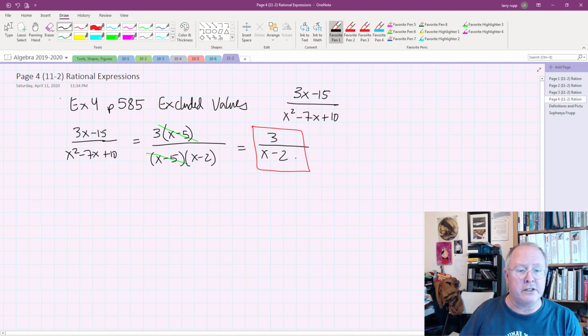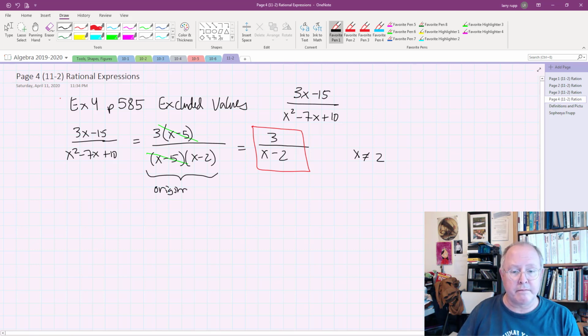Now if we take this simplified equation and we find the excluded values, we're going to find that x cannot equal 2. But there's another value x cannot equal, and if we only do it from the simplified equation, we miss that value. From the original equation over here, we look at the factored form. We look at this guy right here. That's the original equation in factored form.